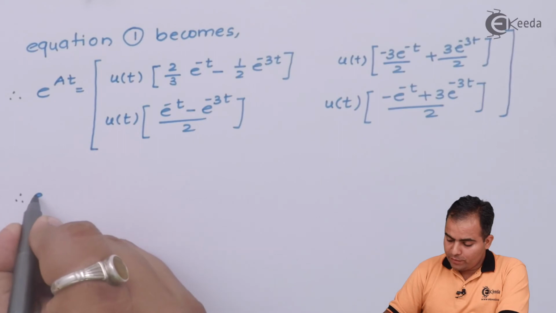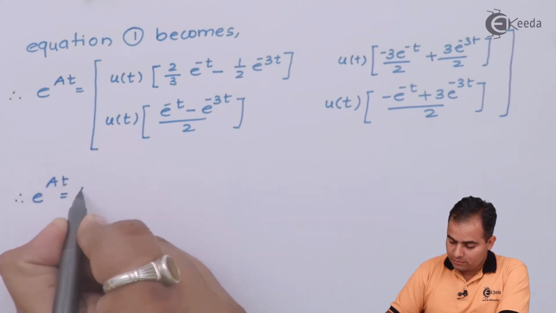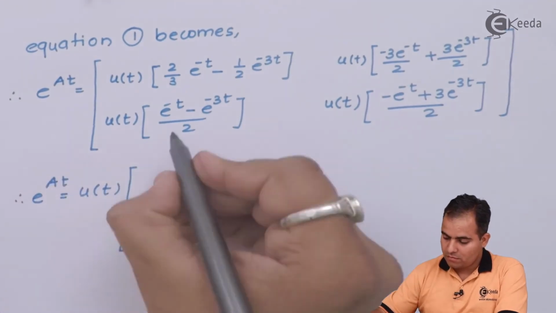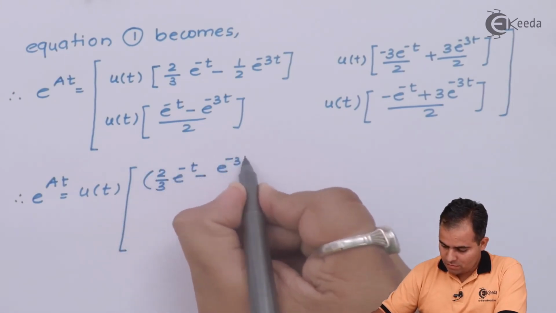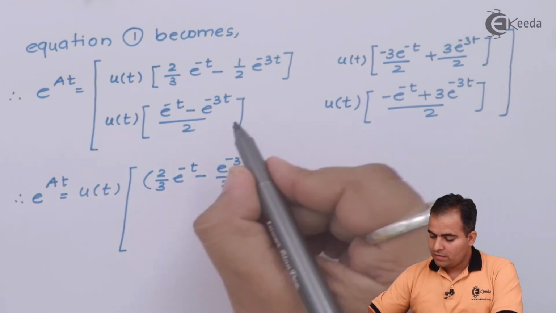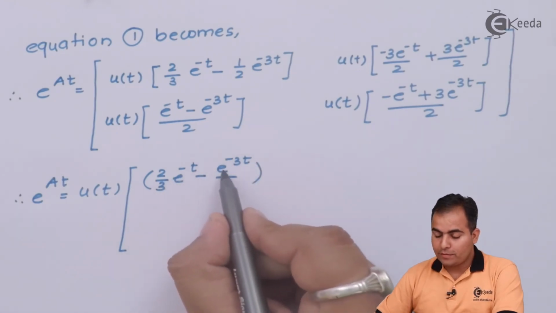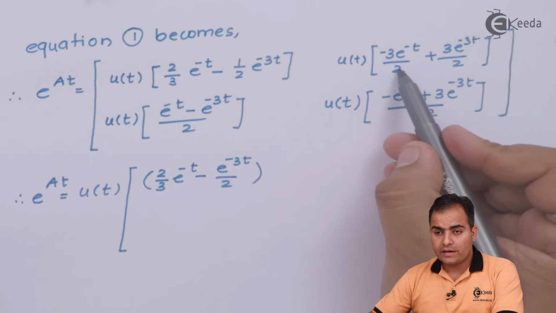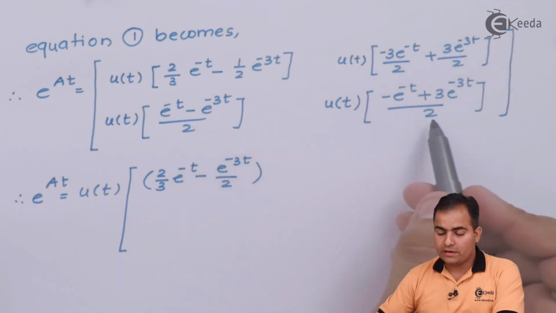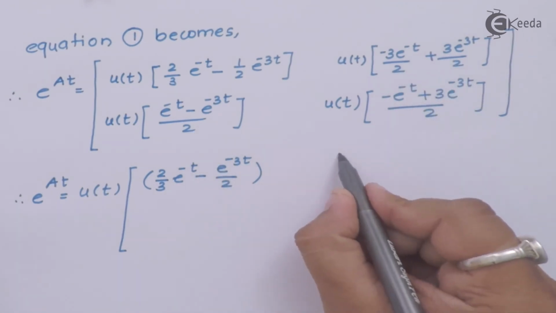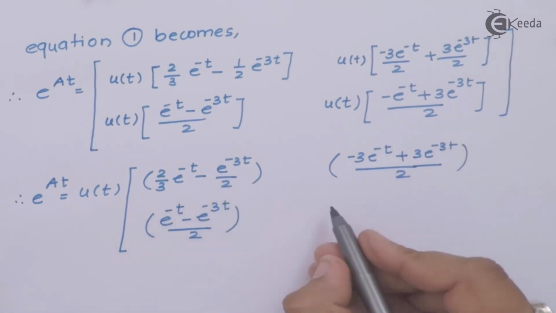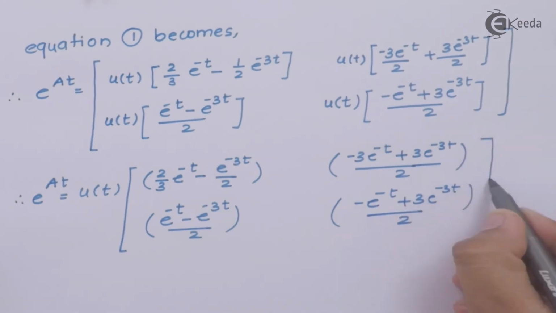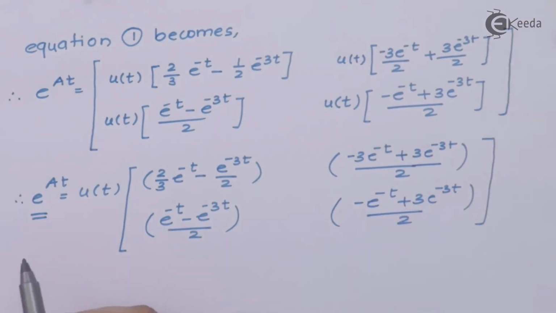So therefore my e to the power At equation becomes 2 by 3 e to the power minus t minus e to the power minus 3t by 2. Now here you can take 2 common in the denominator as we have done in the last 2 elements also. And this is nothing but the state transition matrix of the given question.